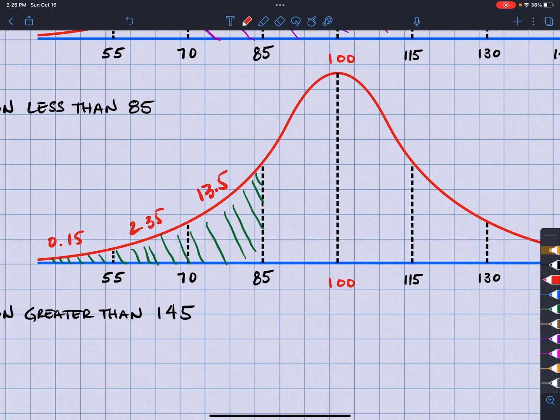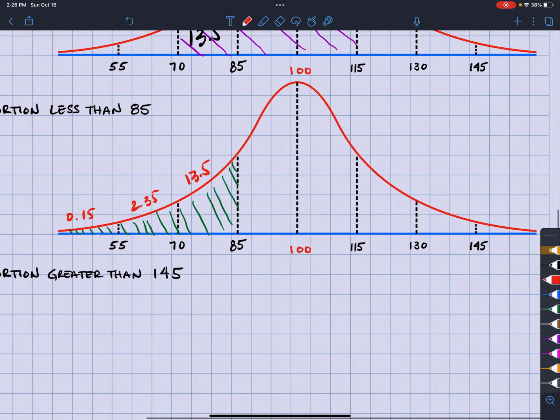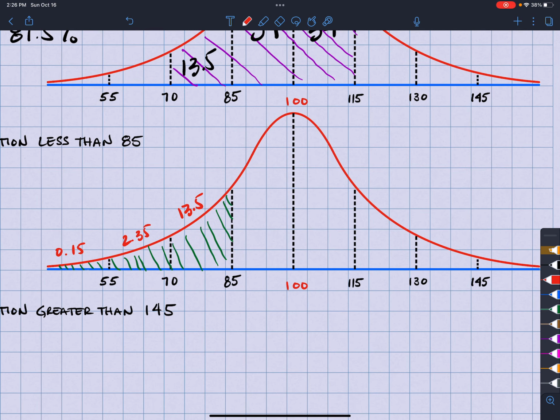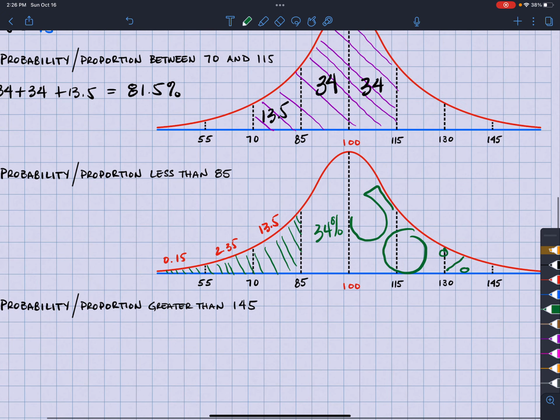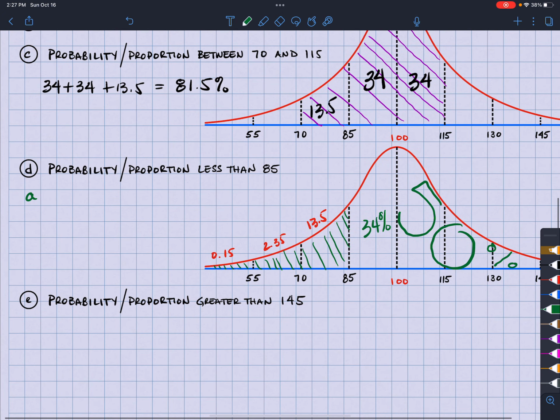You could add those three together. You could also remember that this right here is 50%. That whole half is 50%, and this is 34%, right? So that would be 84%.